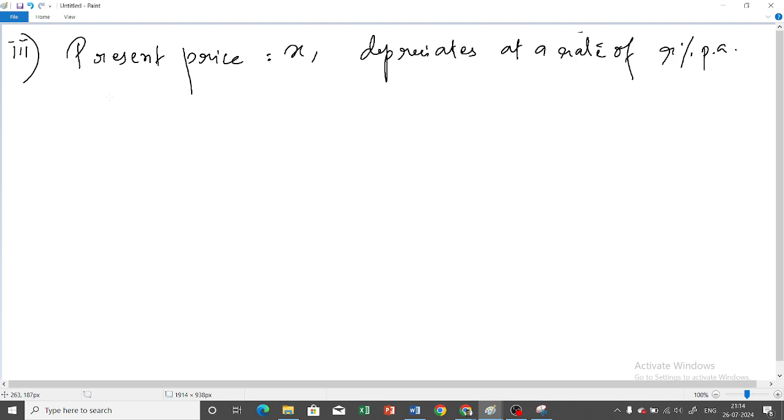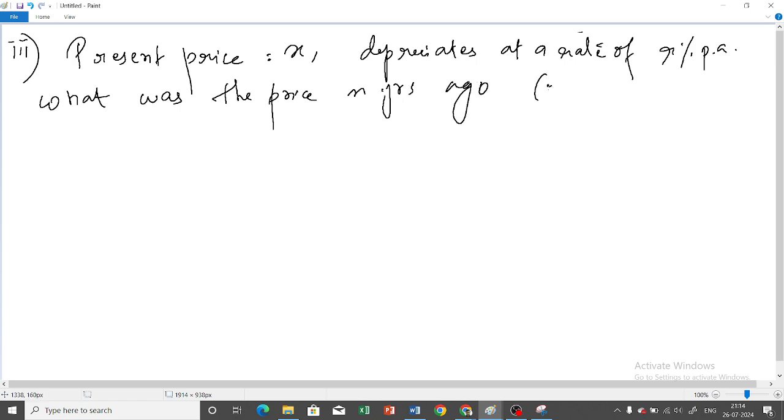Present price is X. Depreciates at a rate of R% per annum. What was the price n years ago? And this is of course y.